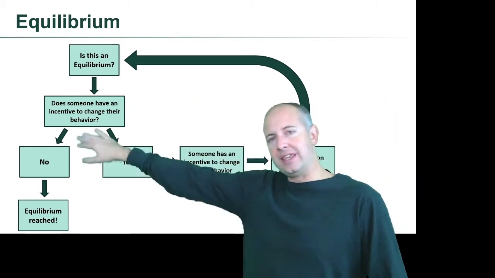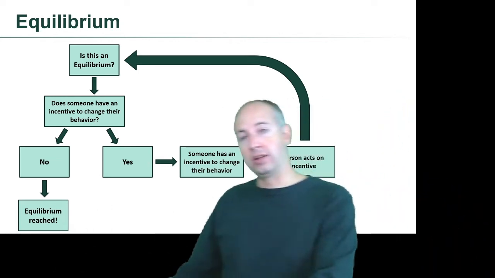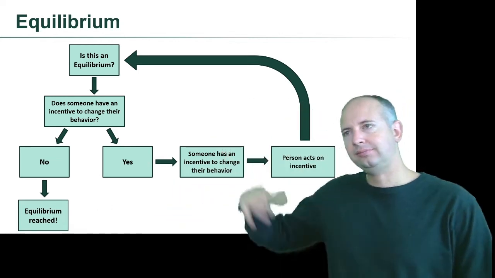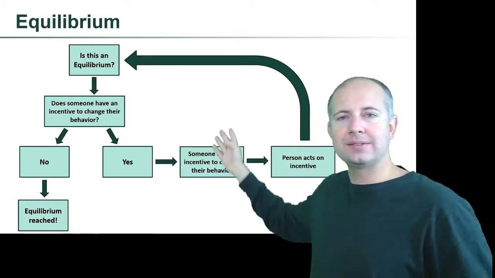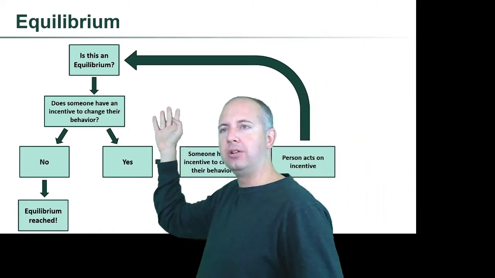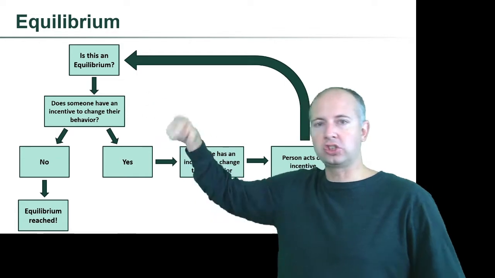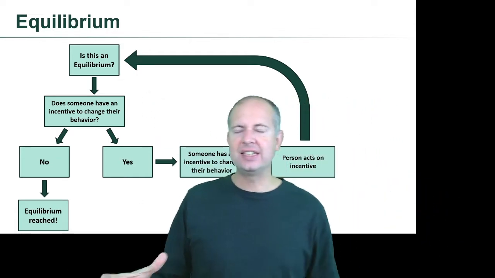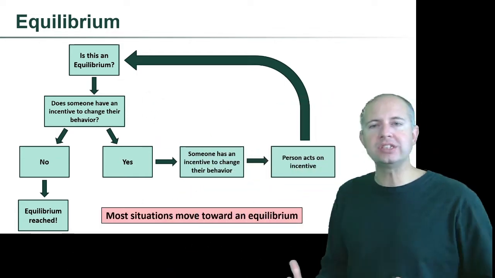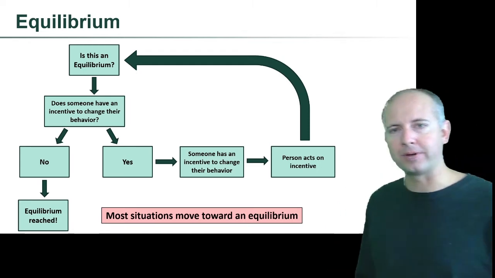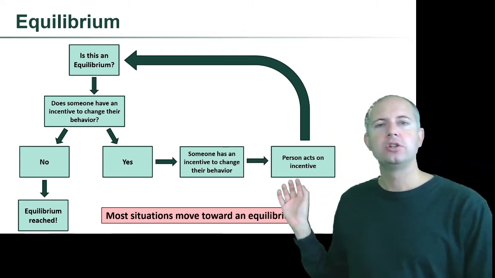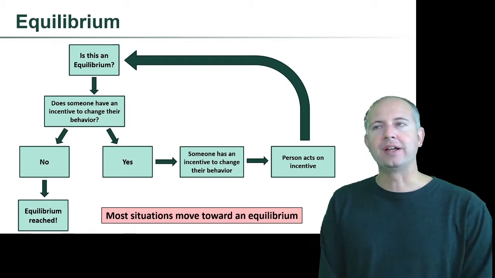So we keep doing this and people keep moving from the long line to the short line. One of the things this makes us think about is that in general, because we keep going around in this circle as long as someone has an incentive, most situations should move toward an equilibrium.